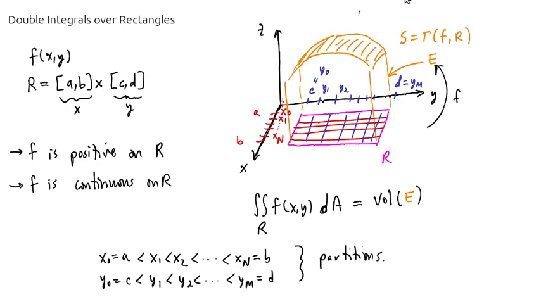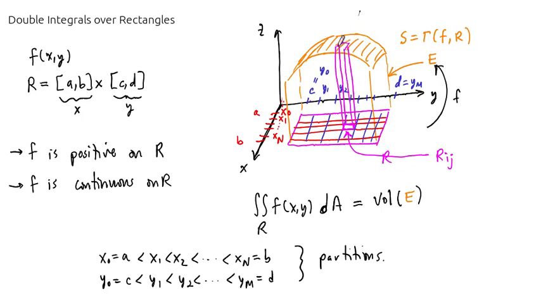And then what we want to do is take a look at one of these sub-rectangles. So maybe this right here is in the ij position. So we'll call this r sub ij. This is in the ij position, the rectangle in the ij position. And we want to zoom in on that and think about, can we approximate the volume of a little box that sits above this sub-interval?